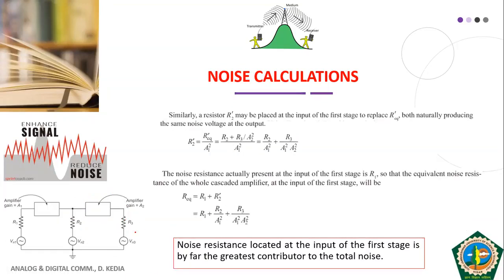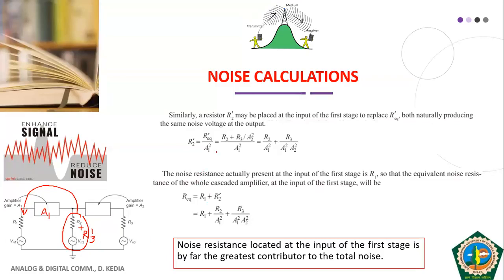Now, once we have obtained the R equivalent dash by R2 plus R3 dash, we apply the same kind of thing for this. If we shift this set of resistances from output to input here, this sum of resistances will also be divided by the gain of this stage, which is nothing but A1.